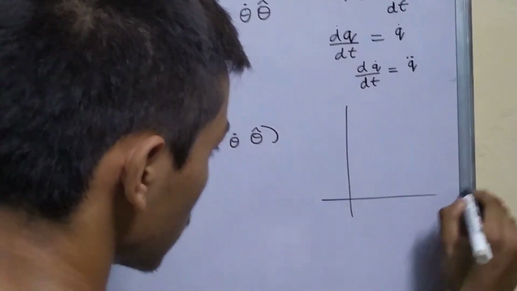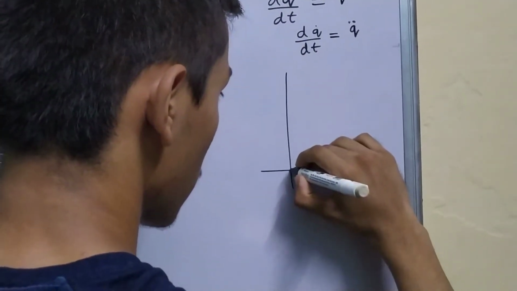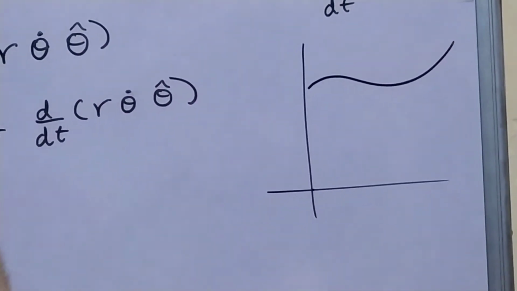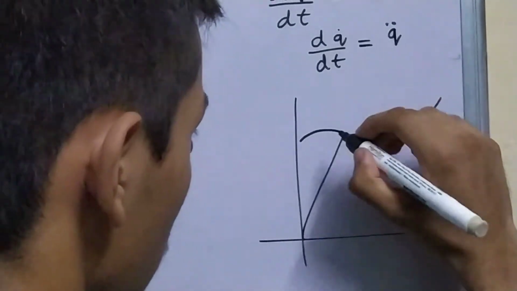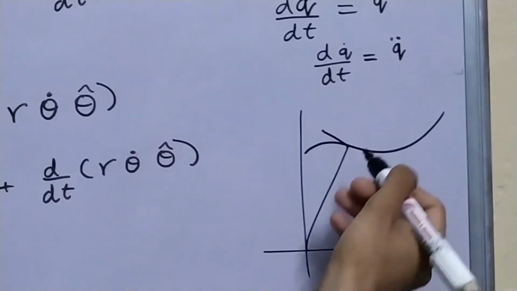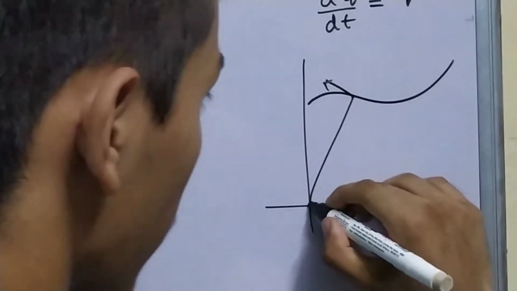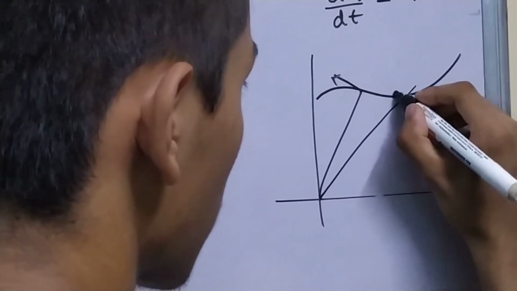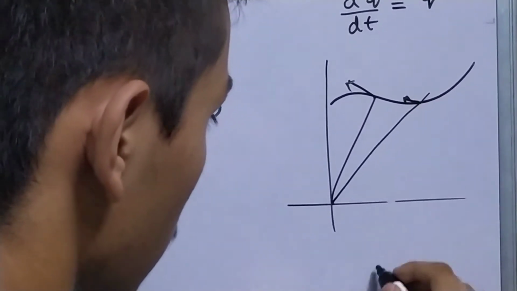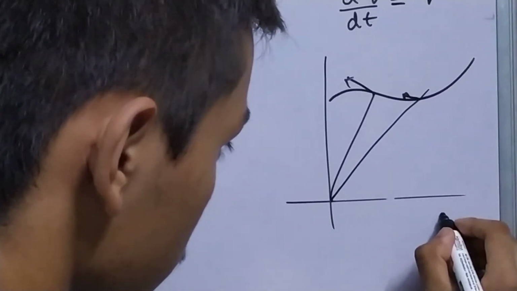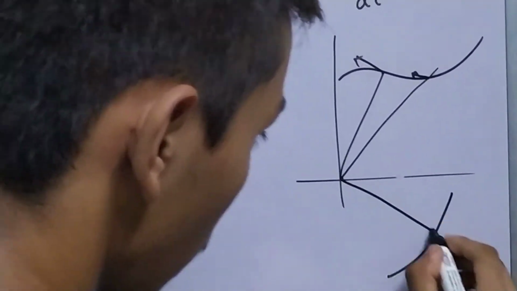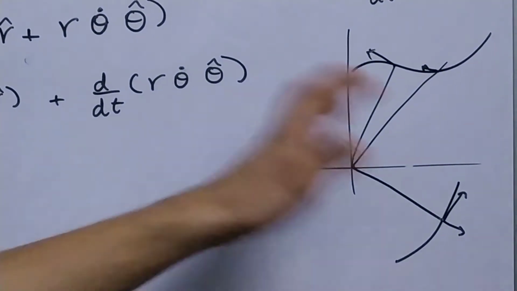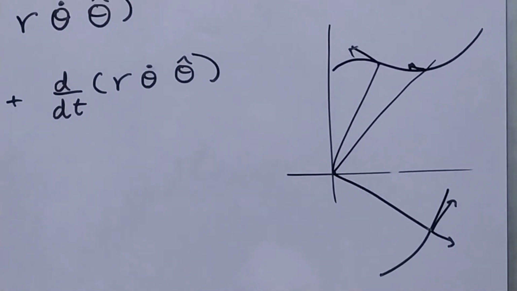If you just draw the path of a particle, let's say it goes something like this, theta cap at this point points in this direction, and theta cap at this point points something like this. That is how your r cap points, and that is how your theta cap points. So it can change as time passes.